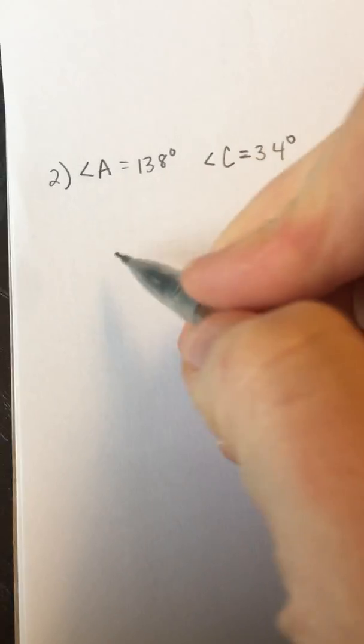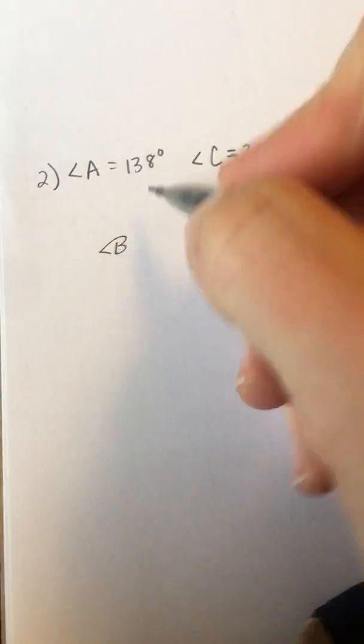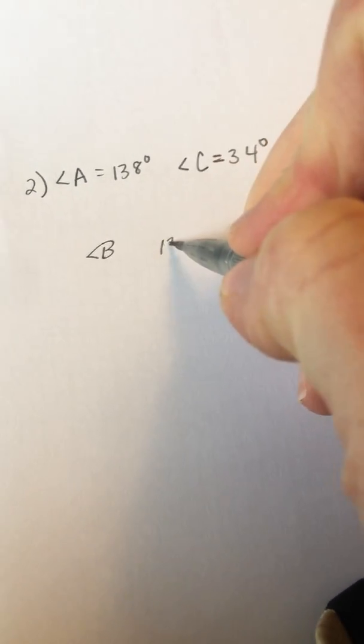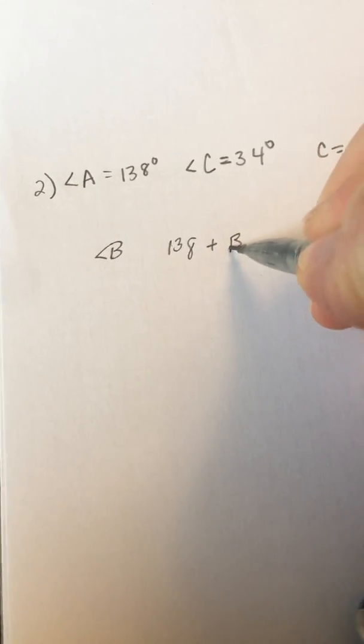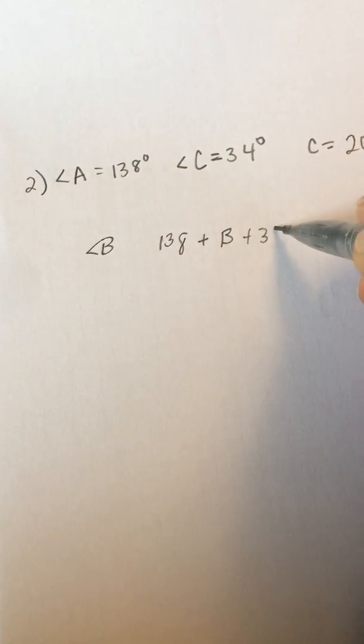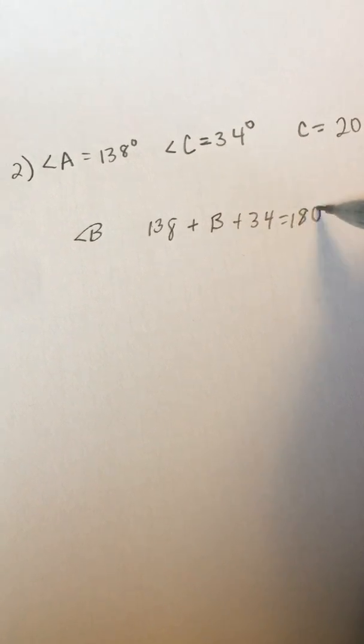Moving on to the second example, where I will have two angles this time and one side. So it's pretty easy to find that third angle, angle B. I'm going to find angle B first using that same equation that I used before. All three angles, A, B, and C, have to add up to 180.